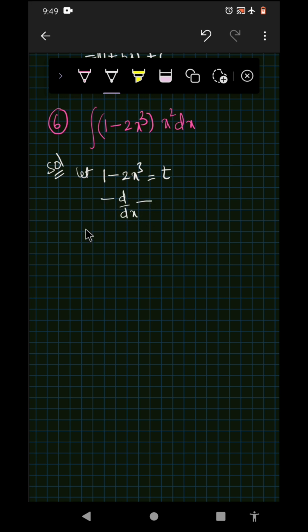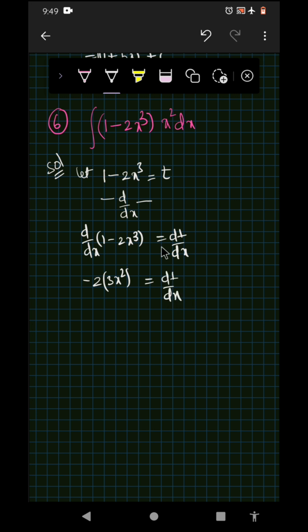You get d by dx of 1 minus 2x cube is equal to dt by dx. So now d by dx of 1 is 0 and d by dx of minus 2x cube is equal to minus 2 into 3x square is equal to dt by dx.